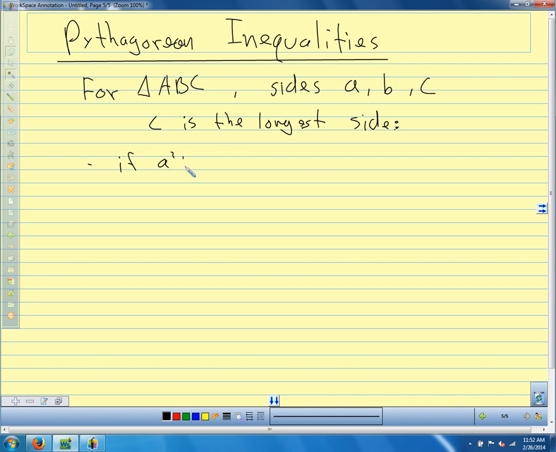If A squared plus B squared equals C squared, what kind of triangle do we have? Right triangle. So if the Pythagorean theorem works, we have a right triangle.